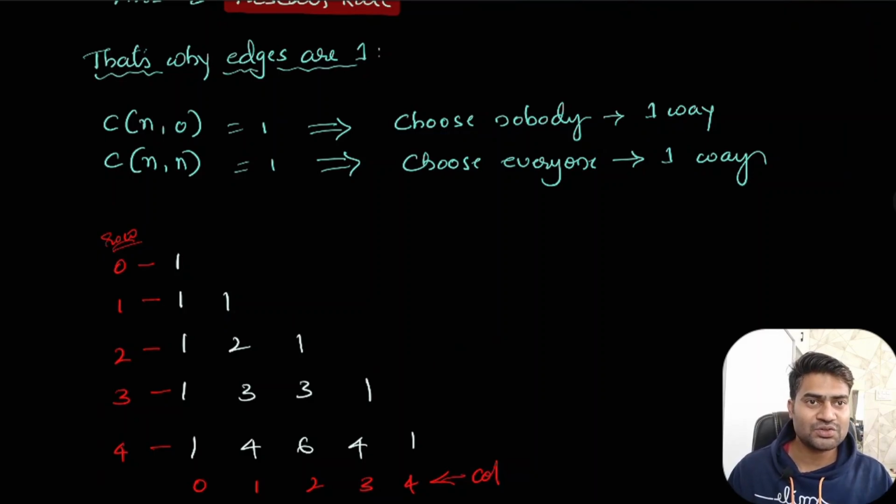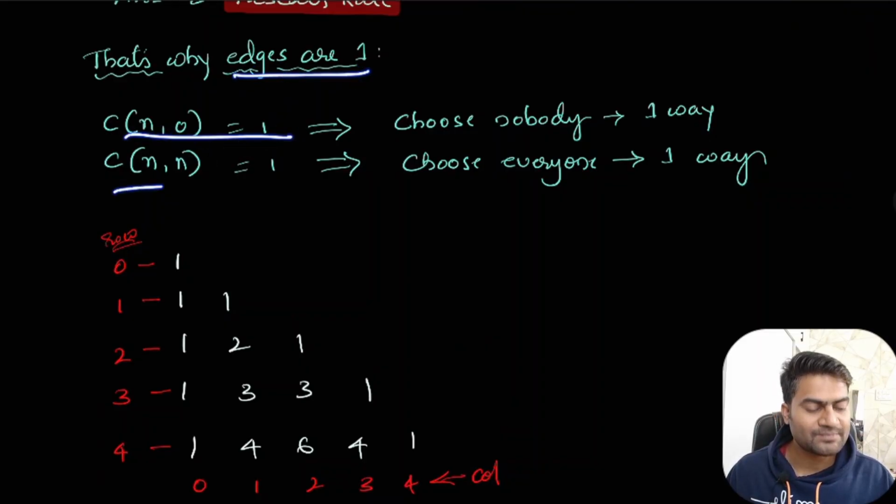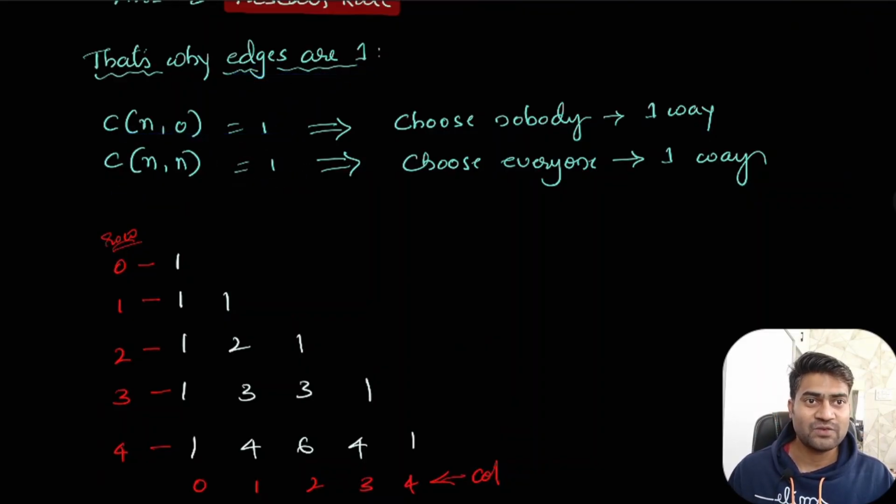If you don't want to choose anyone, that is one way. If you want to choose all the available people, then there is only one way to choose all of them. That's why our edges are ones. This is the basic intuition behind this particular Pascal triangle.